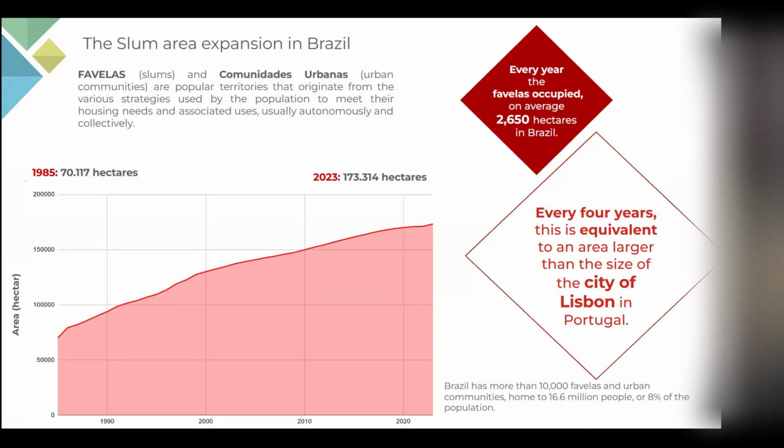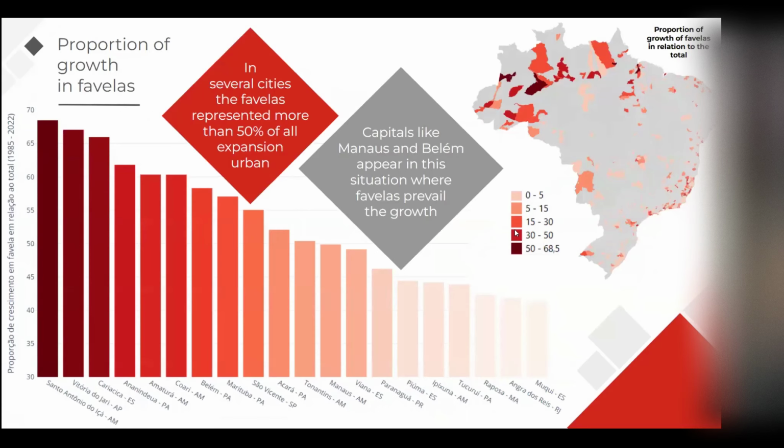That 0.5% looks like it's not a lot, but because Brazil is so big, this is a huge number, right? And this is a very important characteristic of Brazilian cities. Some very well-known ones, like Manaus and Belém, the capitals in the Amazon, more than half of everything that grew in the urbanized area from 85 to 2023 were favelas or slums.